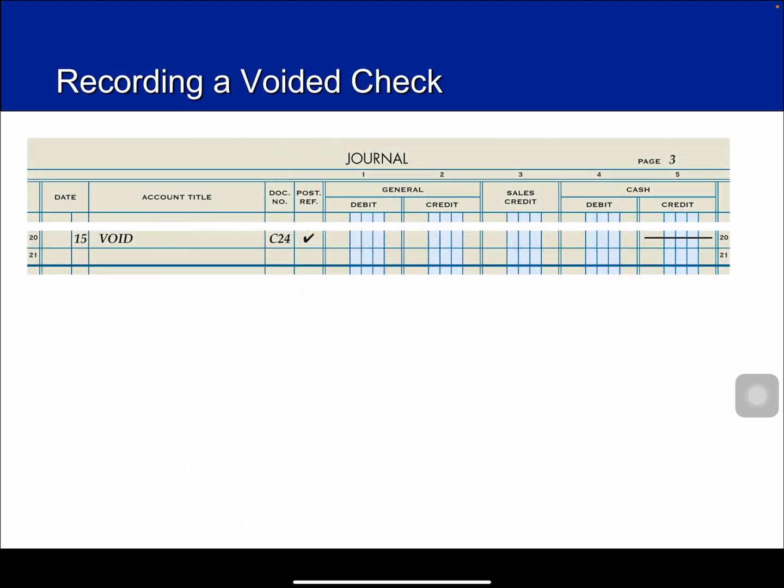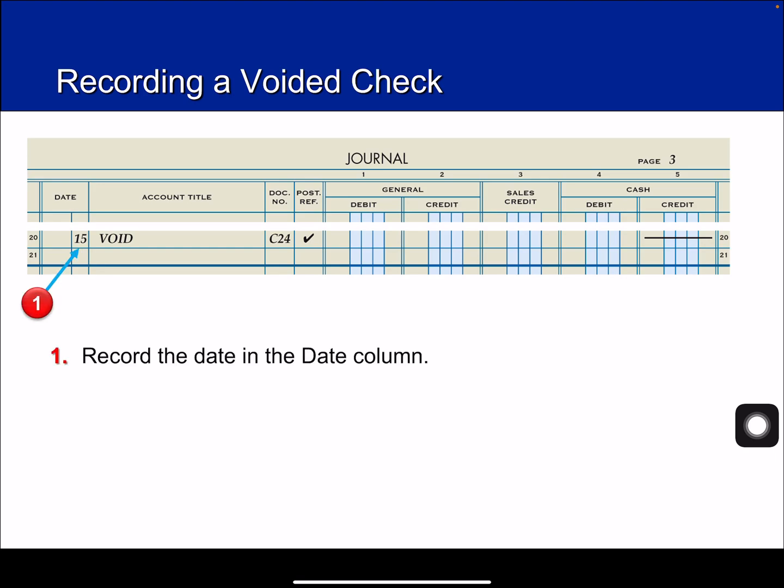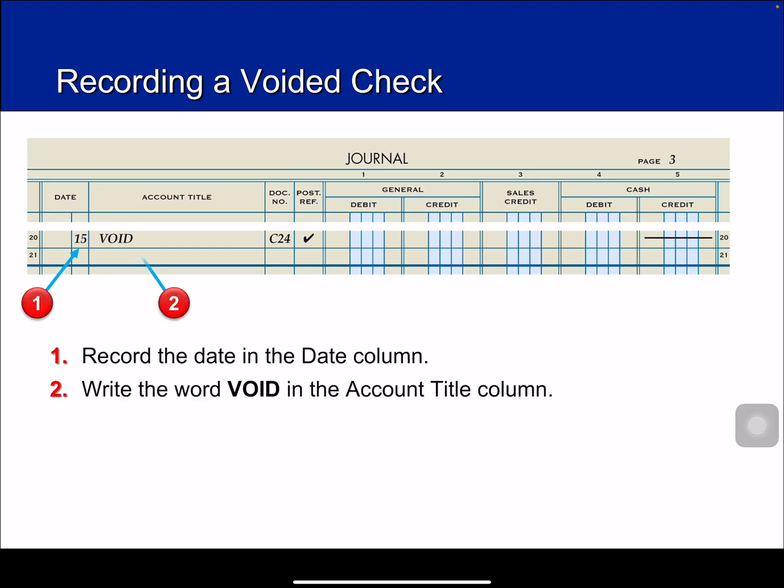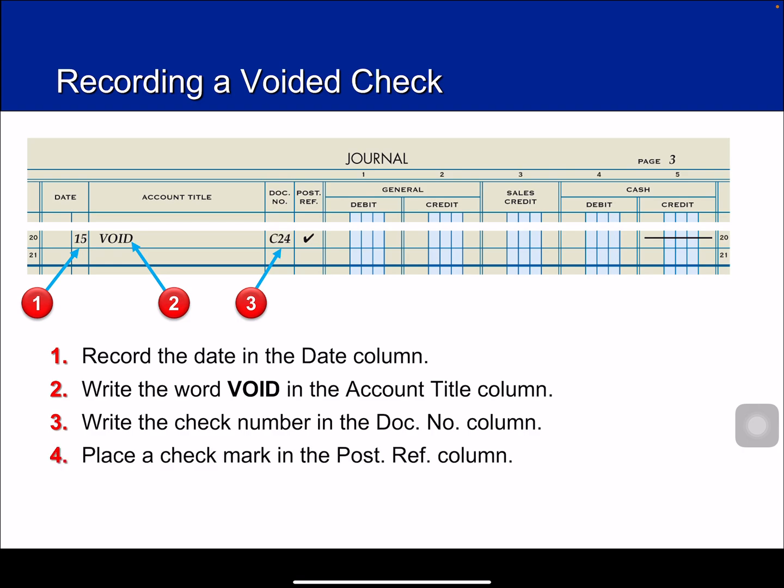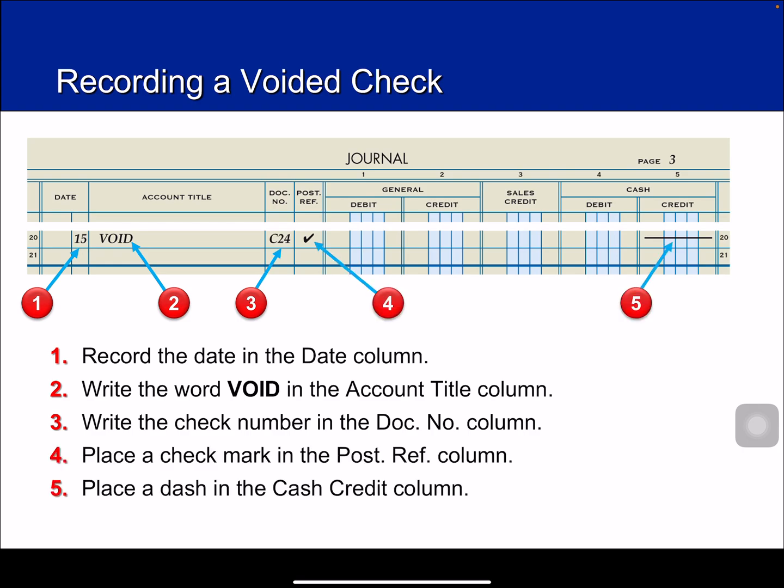So again, this is an example of a recorded voided check, because remember, in our document number, we want the checks to all be accounted for. We're going to record the date, the word void in the account title column, write the check number in the document number of the voided check, place a check mark in our post reference, and place a dash in the credit column.